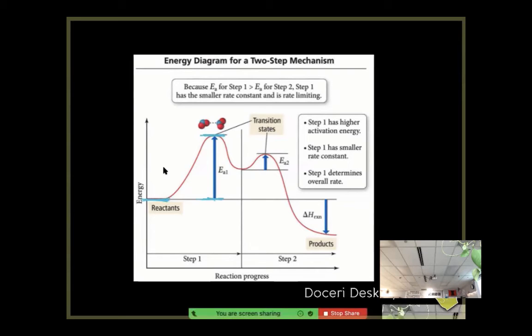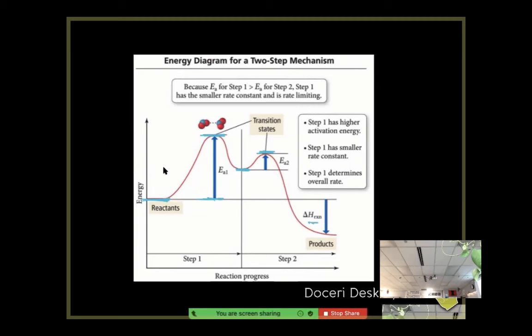When you're looking at the next one, it goes from where the reactants previously stopped to the next activation energy barrier. So when you're looking at the activation energies of a multi-step reaction, you look at where it was previously before it had to overcome that energy barrier. The overall energy of the reaction is still the difference between reactants and products.